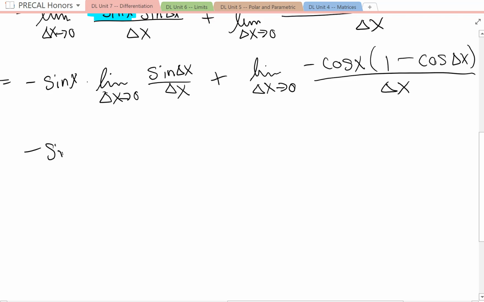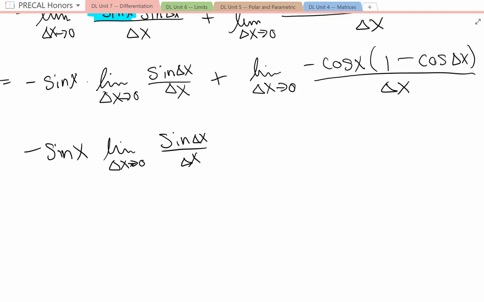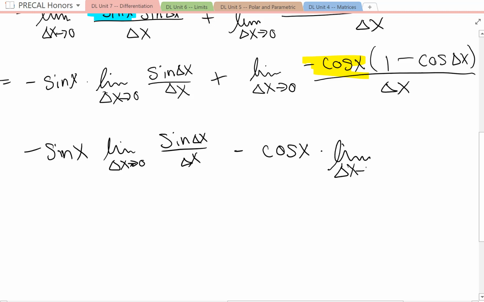Negative sine x times the limit as delta x approaches 0 of sine delta x over delta x. I'm going to take negative cosine x out of the limit. So this would be plus negative cosine x, so minus cosine x, times the limit as delta x approaches 0 of this special trig form.